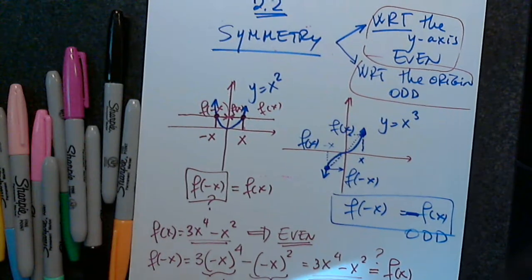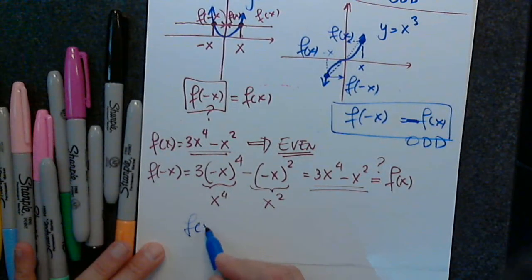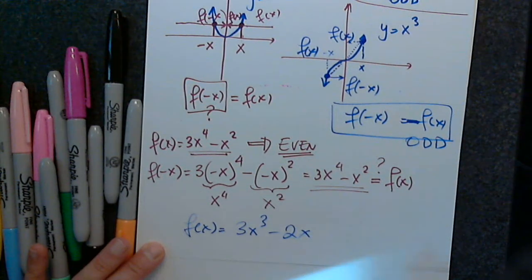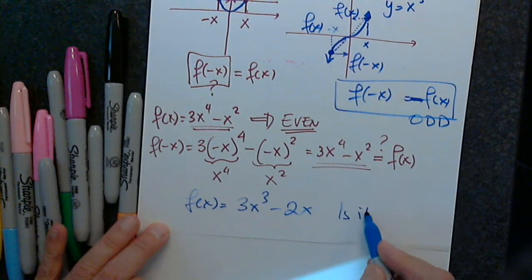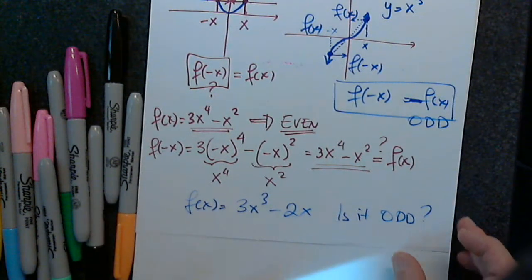Okay, so now let's look at an example. Here is a function: 3x cubed minus 2x. We're asked to show whether this function is odd. What do I have to determine?